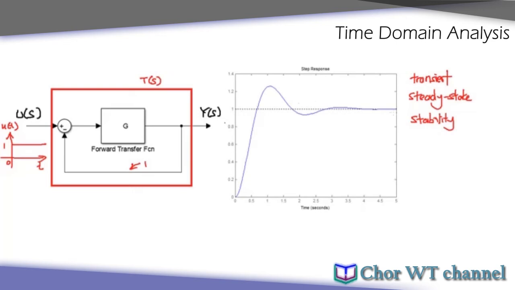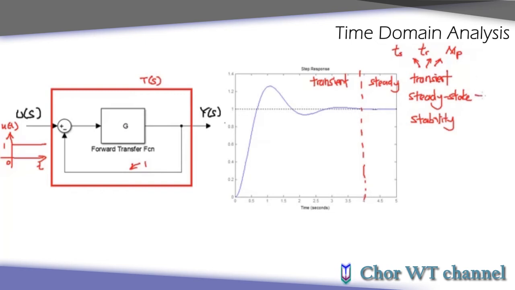What do I mean by transient in the first place? Transient and steady state separate the time domain output into two sections. We break this into two sides: the one on the left, before the system gets steady, is the transient, and after that the system is steady. For the transient we usually measure a few items: first our settling time, Ts, then the rise time, and the maximum overshoot.